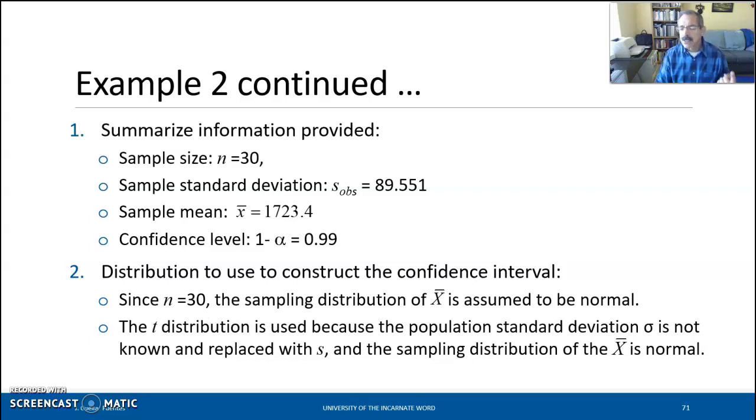So based on the central limit theorem, we can safely assume that the sampling distribution is normal. Now, we don't know the population standard deviation, so we replace it with the sample standard deviation. Given those two facts, we know we can use the t-distribution.